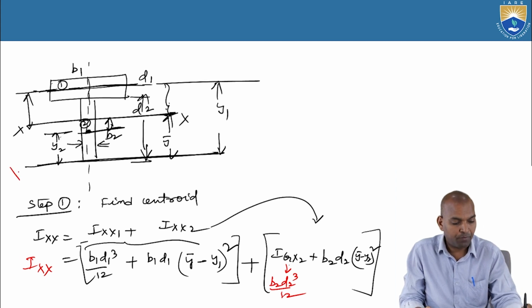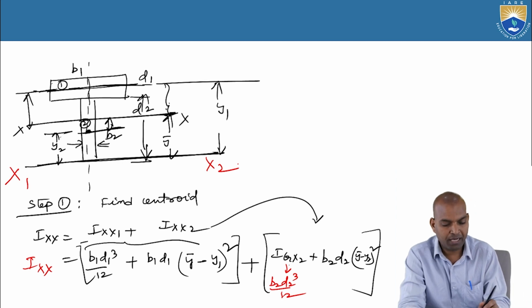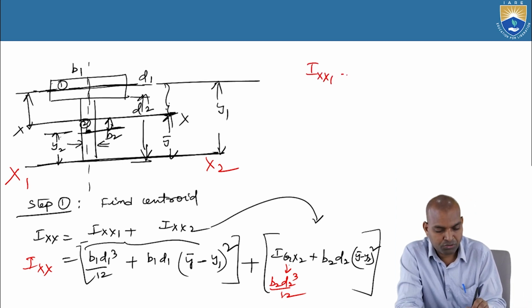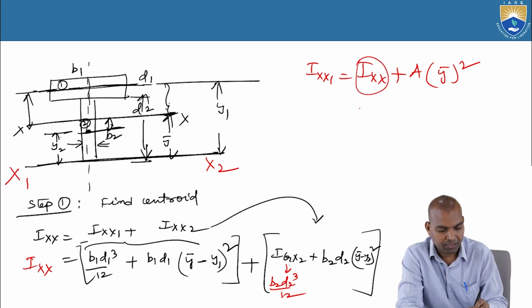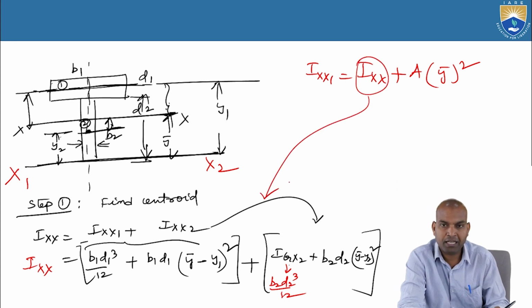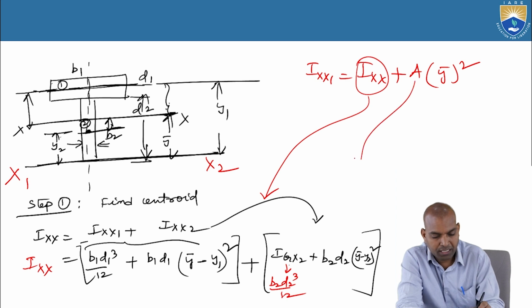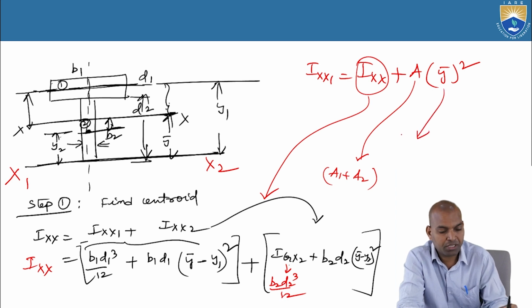Now if you want it about this x1, x2 parallel axis, then Ix1x2 equals Ixx plus area times y bar square. Ixx we just calculated using the parallel axis theorem again. The area equals the algebraic sum of A1 and A2, the total area of the T section, and y bar is the centroidal distance of this T section about x1, x2.